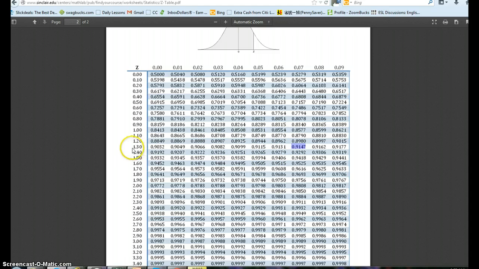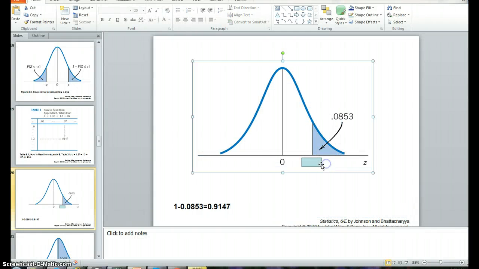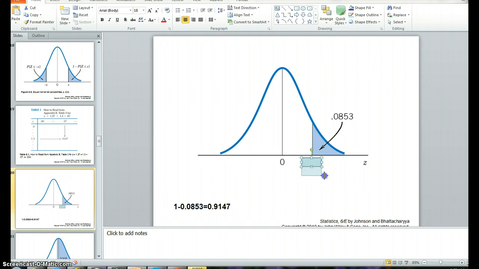So the z-value is 1.37. Okay, so that's how I found out the z-value is 1.37. So if I remove this box here, that's 1.37. That's for the right hand side, if the right hand side value is given.